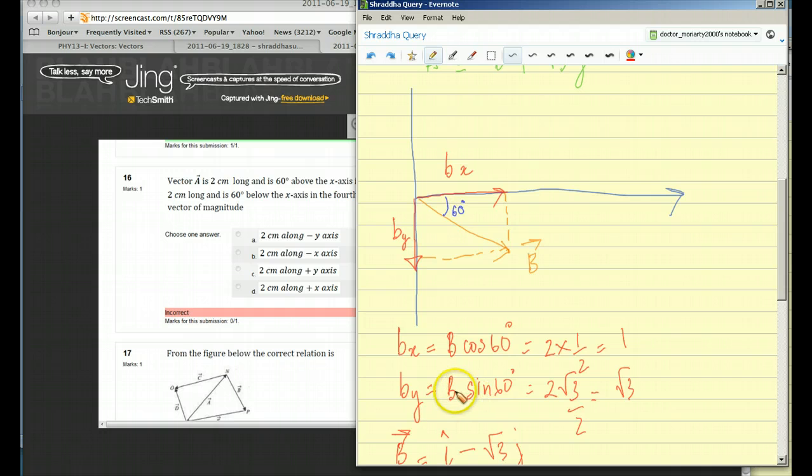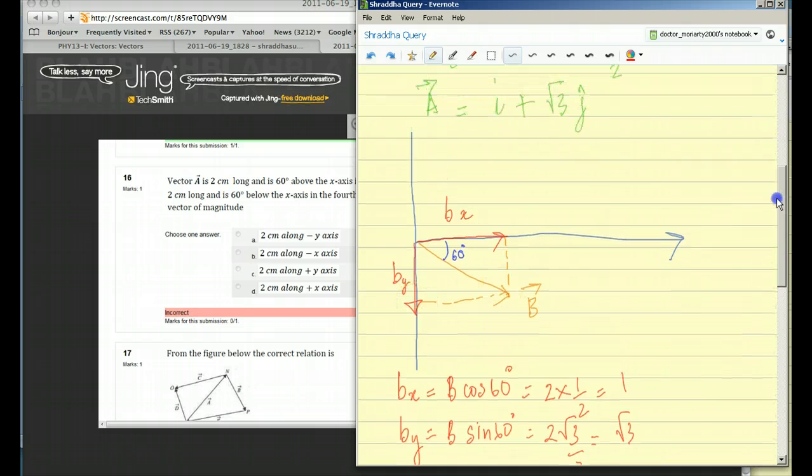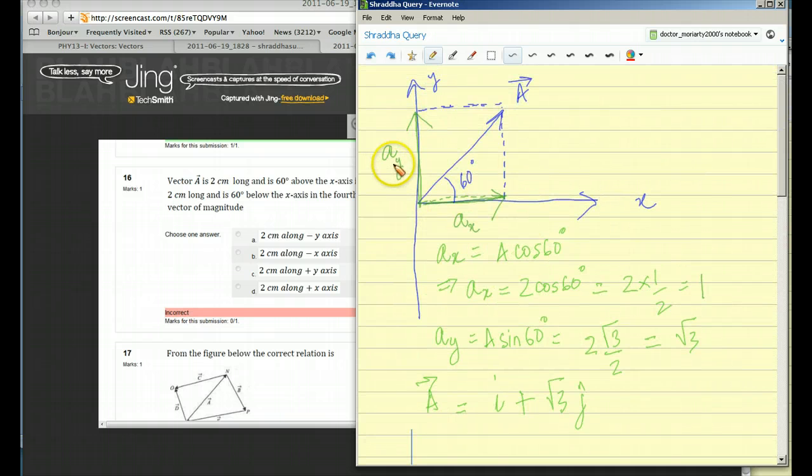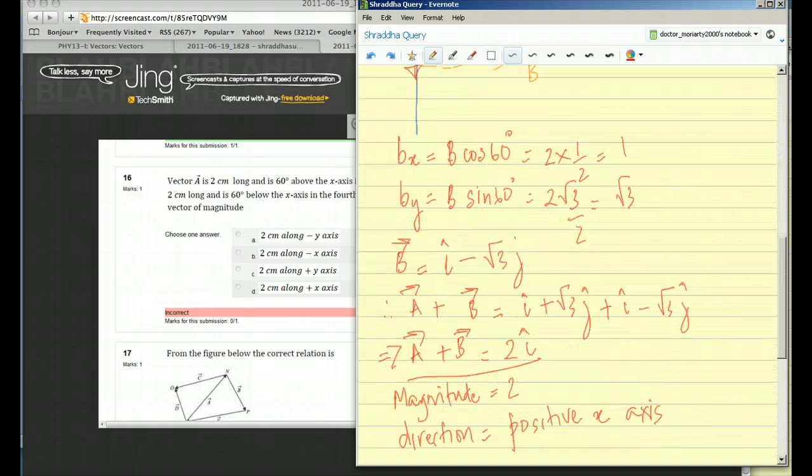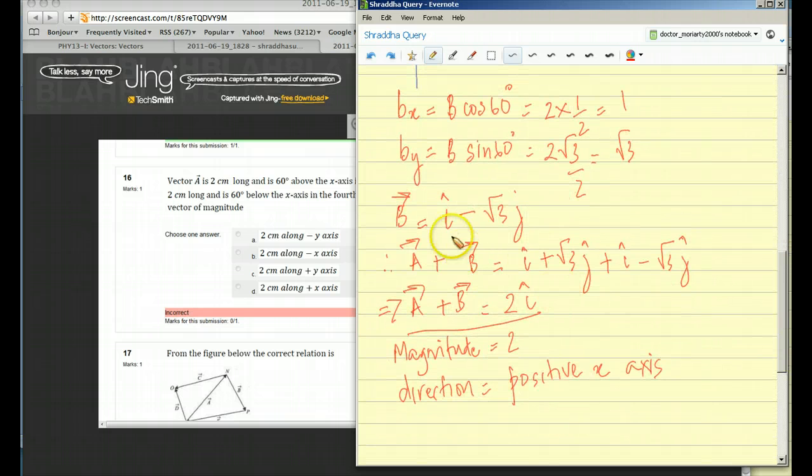By is equal to B sine 60, which is again 2 into root 3 by 2, that's root 3. However, note that By points down, whereas Ay points up.